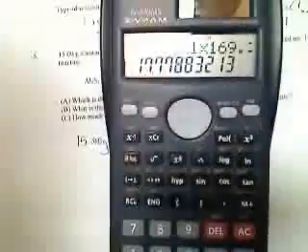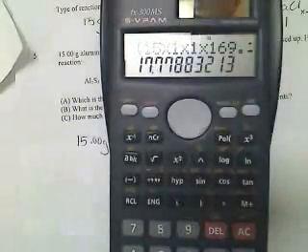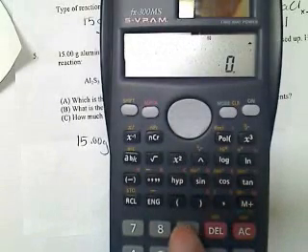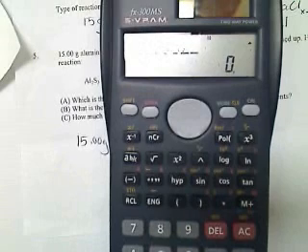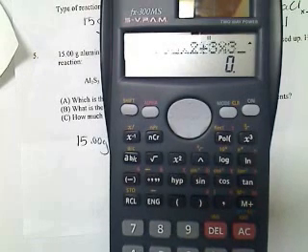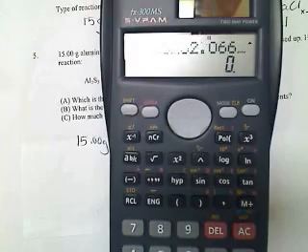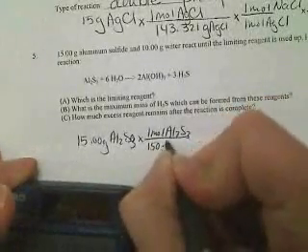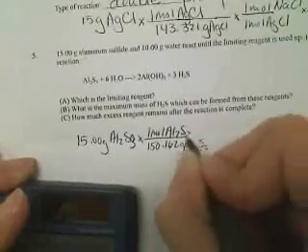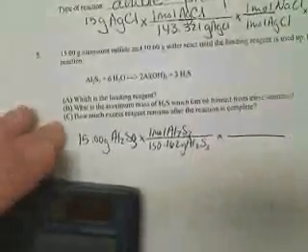Aluminum, on our periodic table, is 26.982, and there are 2 of those, plus 3 times 32.066 because there are 3 sulfurs. We get 150.162 grams of Al2S3.